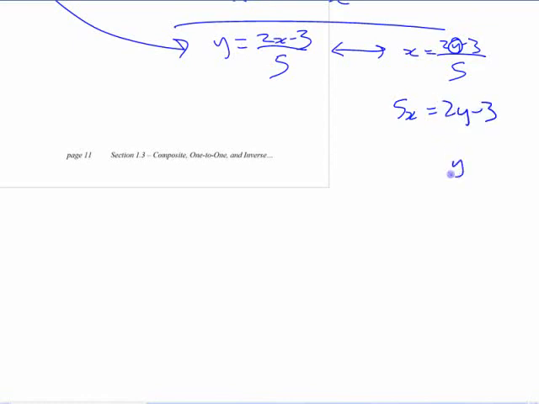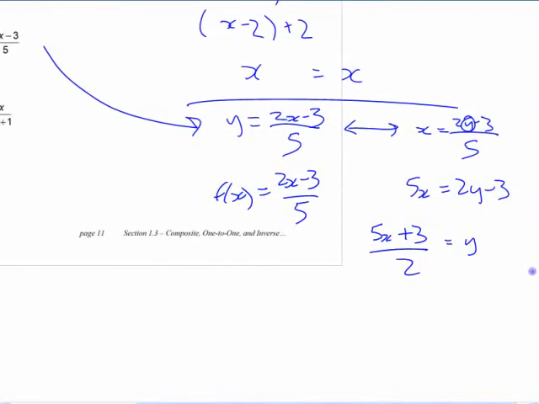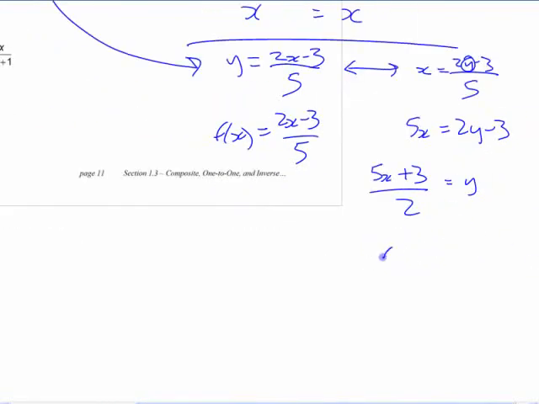And you have y is 5x plus 3 and then divided by 2. We should probably call this one f of x because it's the original function. Is that what it's called up there? And this one is then going to be called f inverse. F inverse of x is 5x plus 3 over 2.